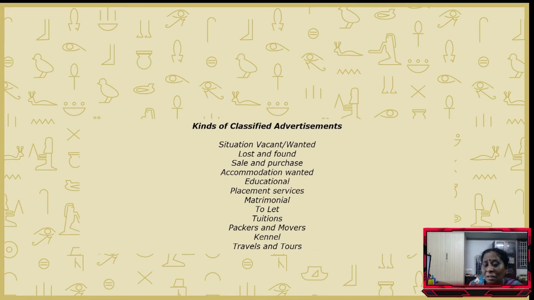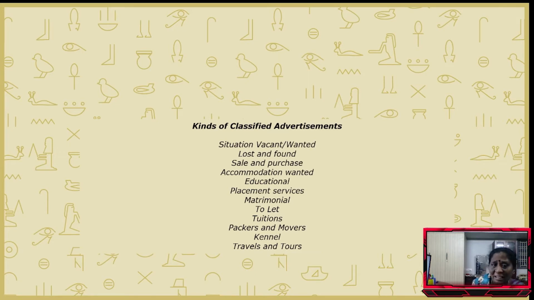Then say, when you want to dispose of your product or goods, like you want to sell off your car, your TV or anything. Purchase, if you are interested in buying a second-hand car or something. Accommodation wanted, that means if you want some place for rent, or to let, you are going to advertise that you have a place for rent.